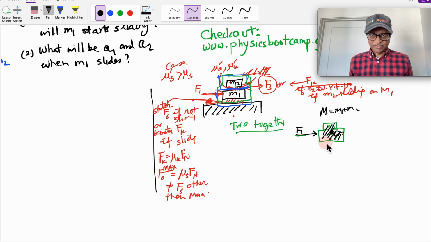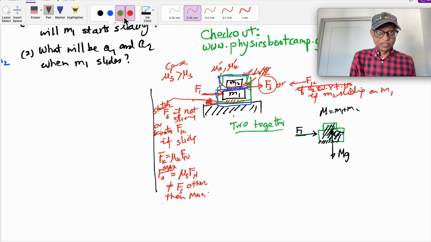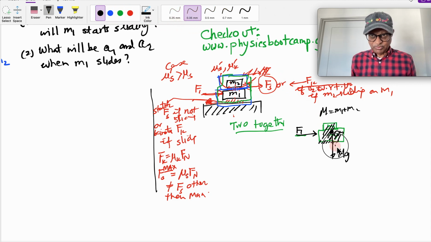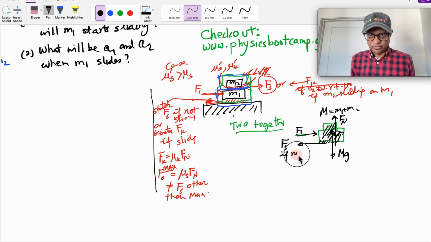So gravity down will be capital Mg, and there will be a normal going up, and this is pushing, and if it's not moving, there will be static friction if not sliding, or Fk if sliding.